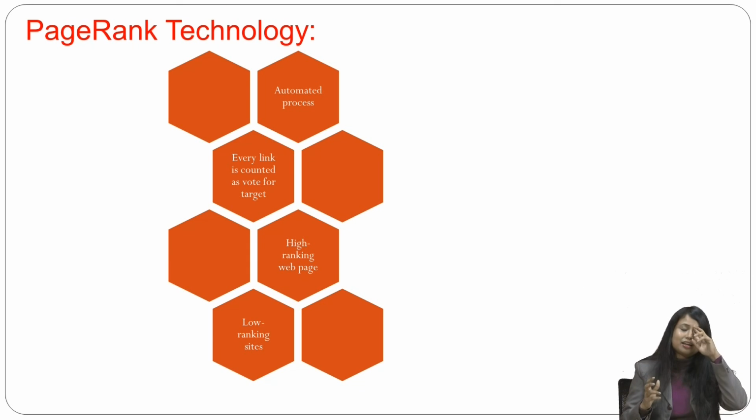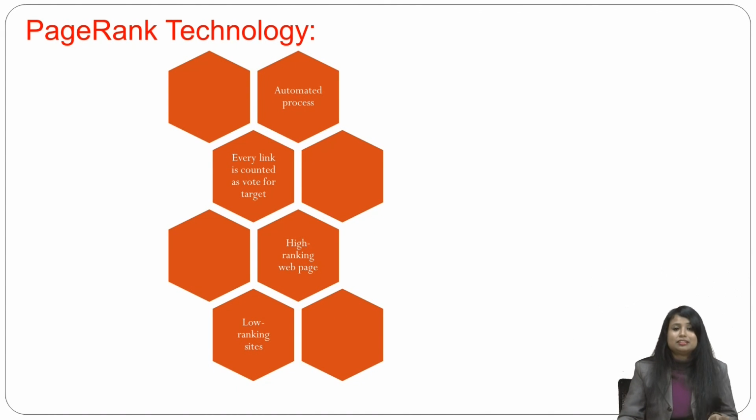So what does page rank do? Page rank assigns a rank or a score to every search result. The higher the page score, the higher the search result will appear in the list. Scores are partially determined by the number of other web pages which link to the target page, where every link is counted as a vote for the target.